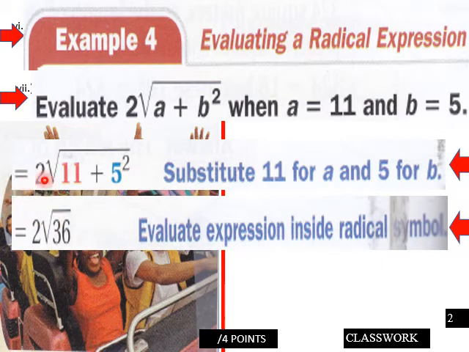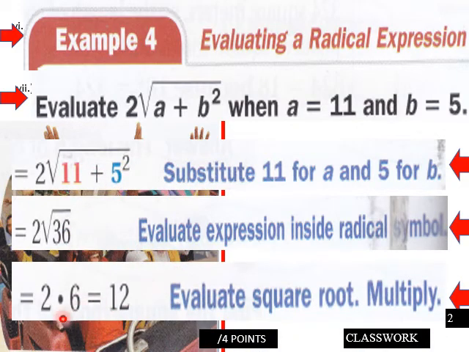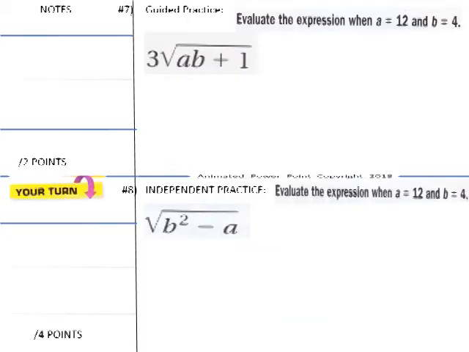Evaluate the expression inside the radical symbol, so 11 plus 5 squared would be 36. The square root of 36 is 6, so 2 times 6 would equal 12. There is your evaluation of this radical expression. Evaluate the square root, then multiply. So that's what we did.